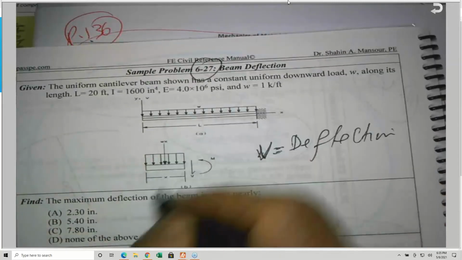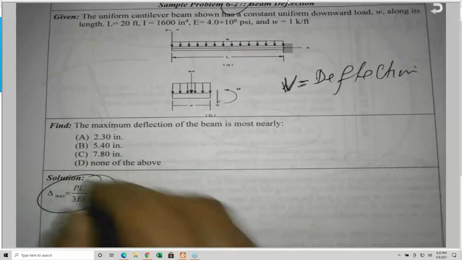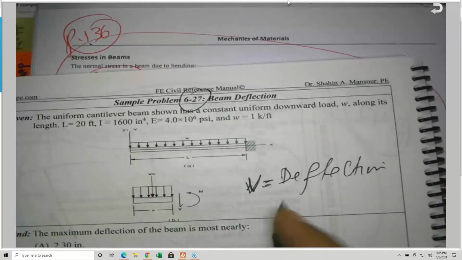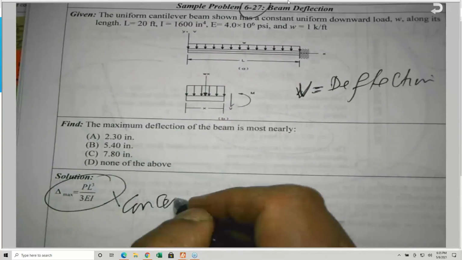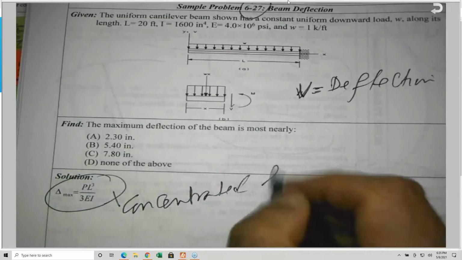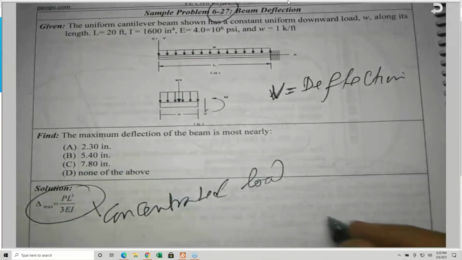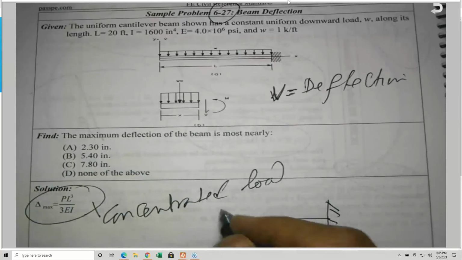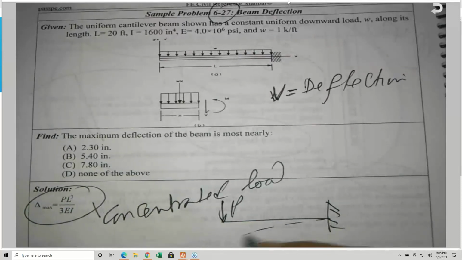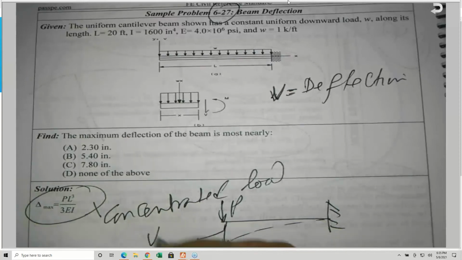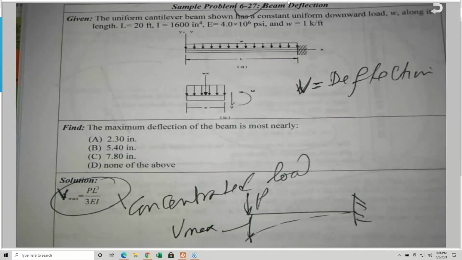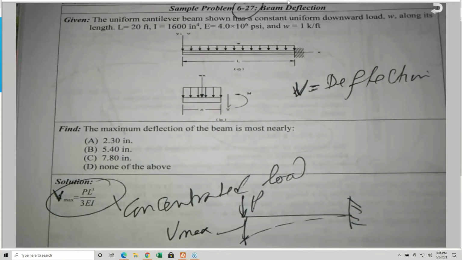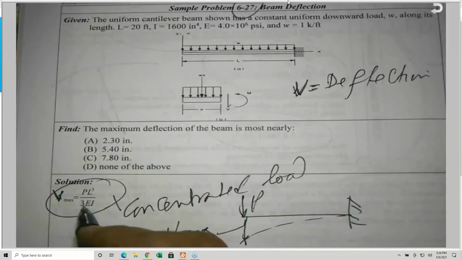For example, this one here, which is PL cubed over 3 EI. This is a deflection due to what? This is due to a concentrated load at the free end. If you have a cantilever beam, and this is P, so this is going to be the Vmax. I use delta, probably I will use the Vmax to match maximum deflection. But this is due to concentrated load.